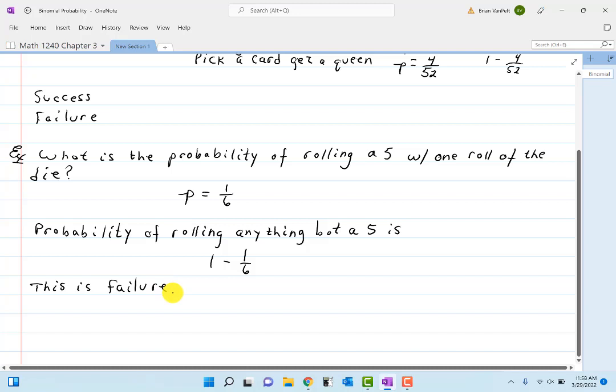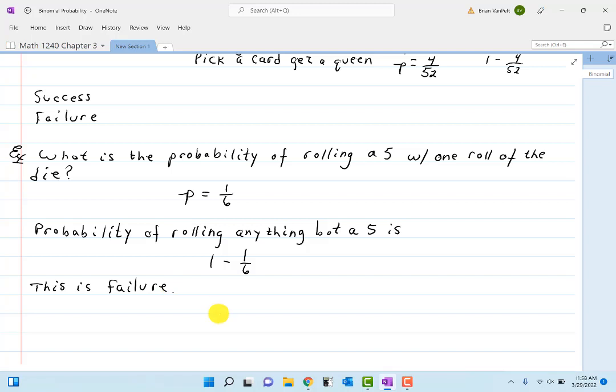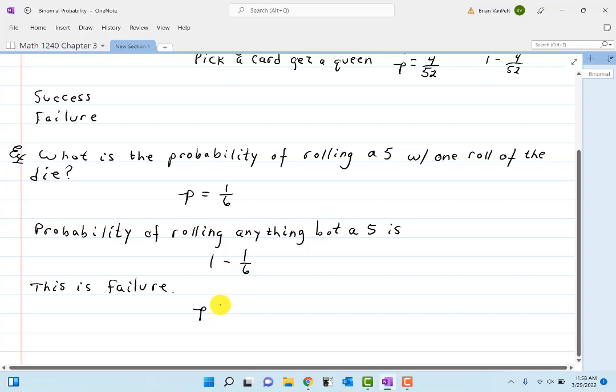So each time you do any of these problems, you're going to have to decide what is success and what is failure. So we'll typically do this. The lowercase p will equal the probability of success. Then 1 minus p equals the probability of failure.